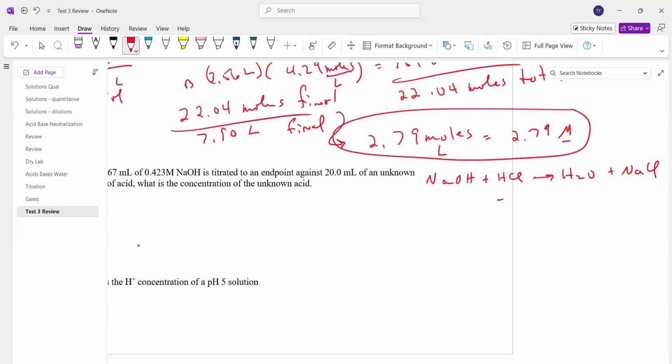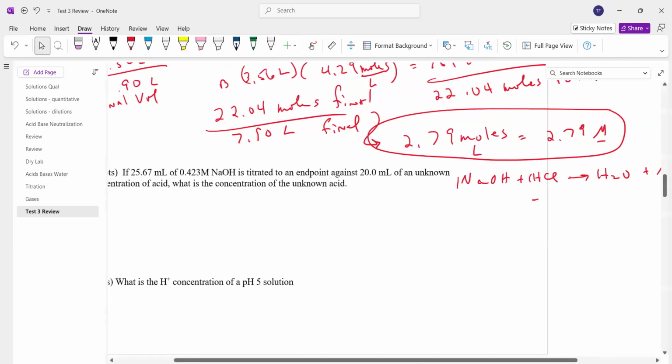And it's balanced as written. That means this is 1 to 1. So if we know the moles of one, we know the moles of the other. That's the essence of titration. What is it going to take to neutralize the acid or the base at pH 7?